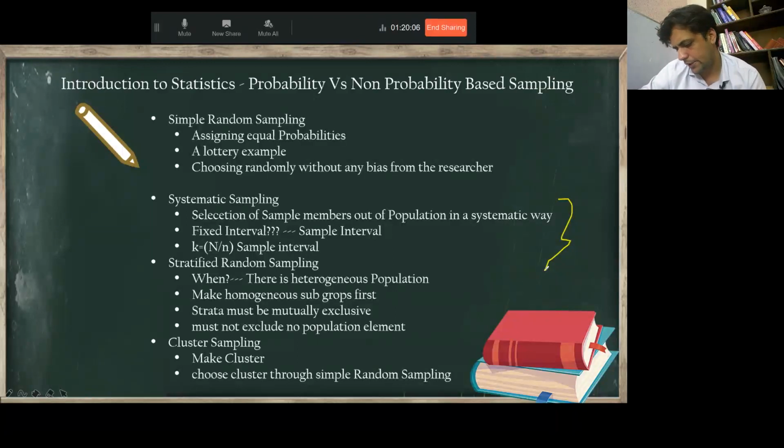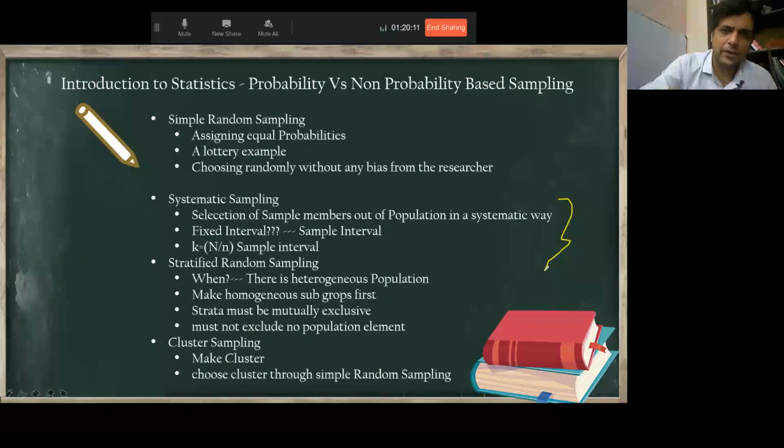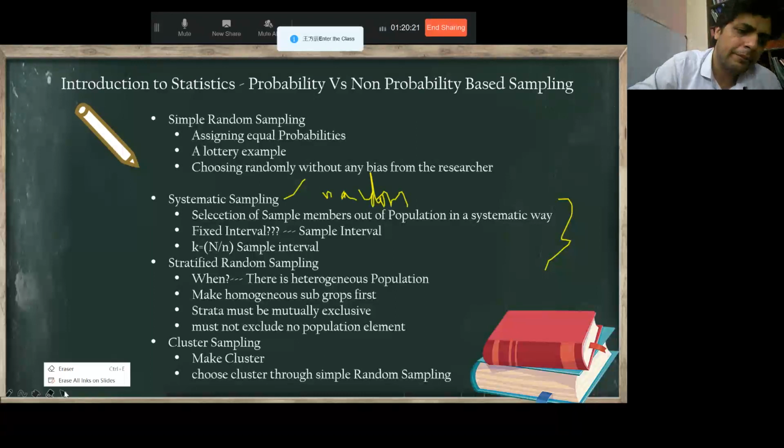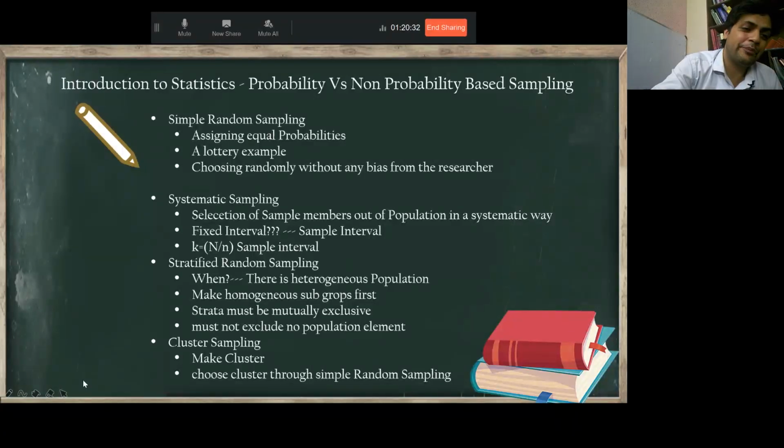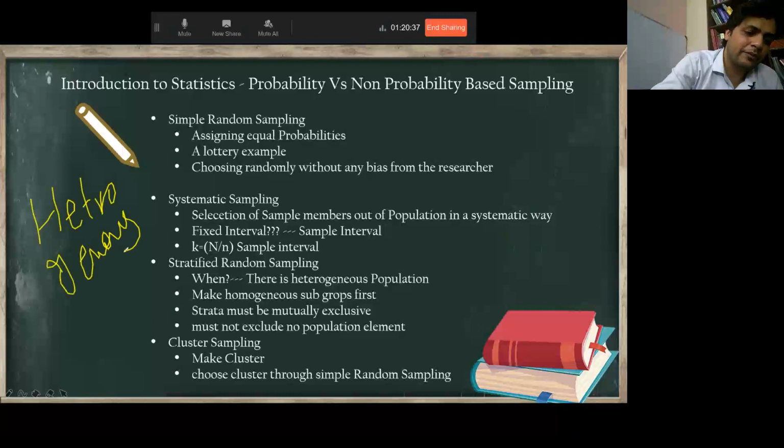Now let's talk about stratified sampling or stratified random sampling. This systematic sampling is also random. Now what is stratified random sampling? Stratified random sampling is the process of dividing members of a heterogeneous population, as I told you. Our population consists of various people, right?